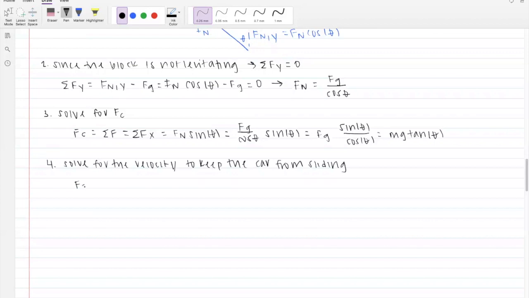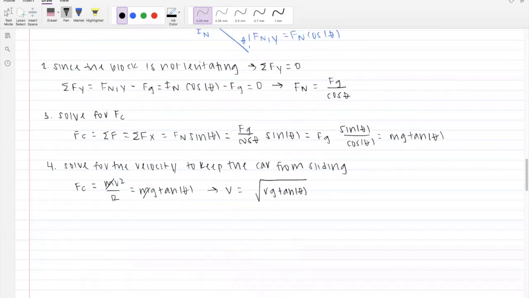So your centripetal force is equal to mv squared over r, which will now equal mg tangent theta. So our m's will cancel out, and we'll get v is equal to the square root of rg tangent theta. So this is your ideal velocity.